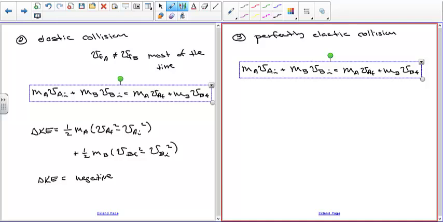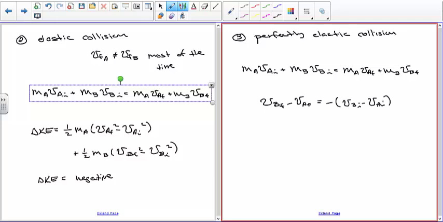Completely elastic collisions. There we go. Okay, so here it is.